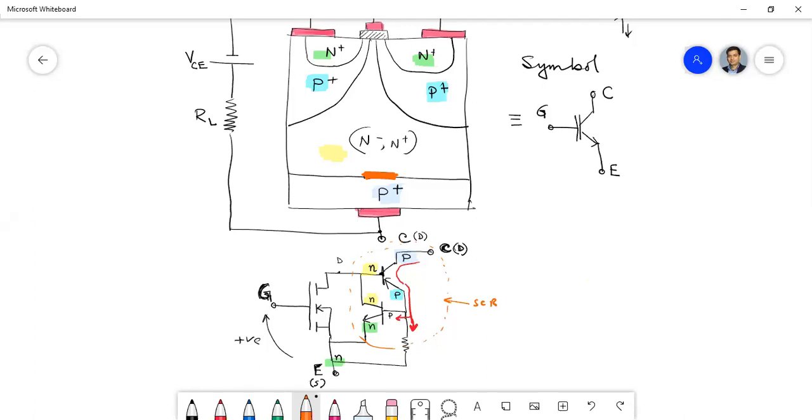Which two layers do we have to create this particular resistance which is given here? So this resistance we have to create between which two layers. If we find that out, then by design we can make that resistance very small. First we have to find out this resistance which we have drawn between this P and N layer, between which two layers we have to make this.